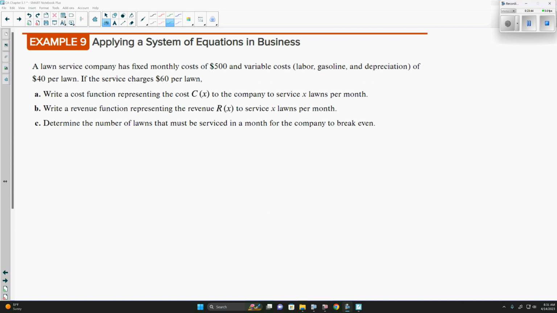Okay. A lawn service company has fixed monthly costs of $500 and variable costs, labor, gasoline, and depreciation of $40 per lawn. If the service charges $60 per lawn, write the cost function C of X for the company. So costs.